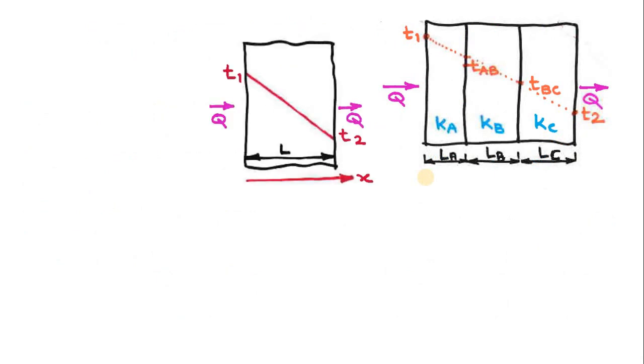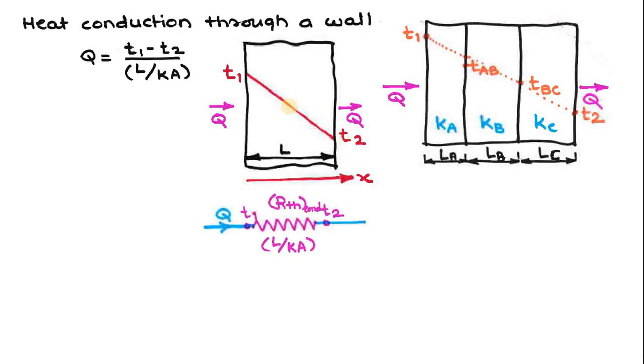As we have seen in the previous lecture, if I take a single slab of thickness L, and T1 and T2 are the surface temperatures such that T1 is greater than T2, in that case we can define the heat conduction through a wall by this equation: Q is equal to T1 minus T2 divided by L upon KA.